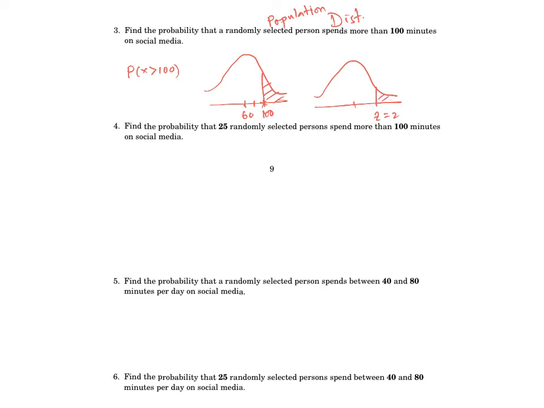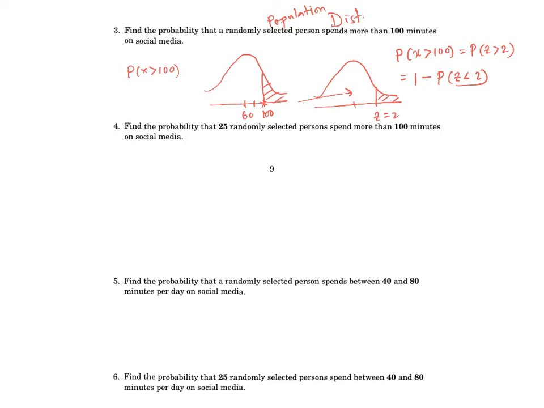Probability of x greater than 100 is the same as probability of z greater than 2, which is the same as 1 minus the probability of z less than 2. Remember, a normal distribution table is cumulative from the left, so it gives you the area to the left for the corresponding z value, not to the right.